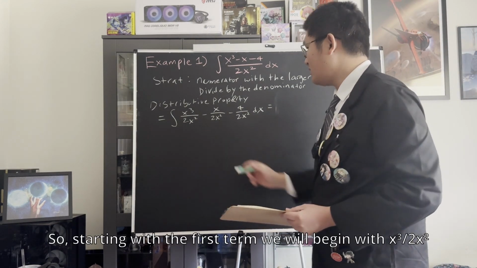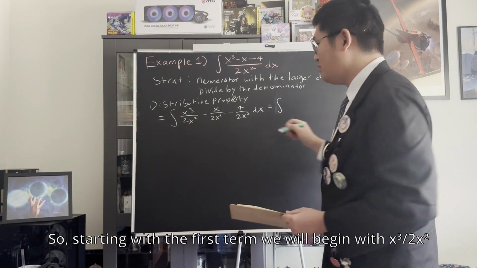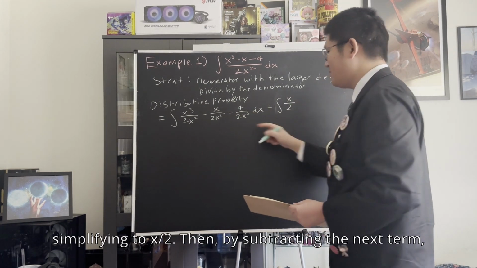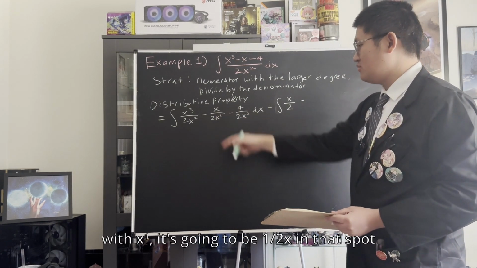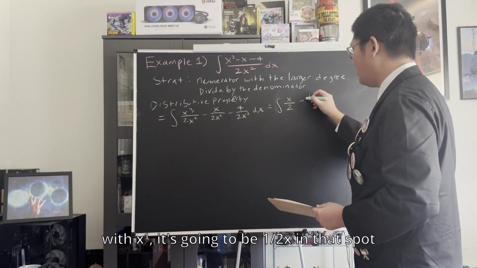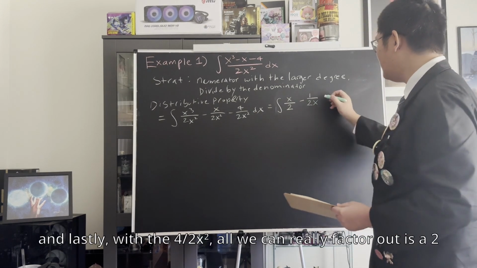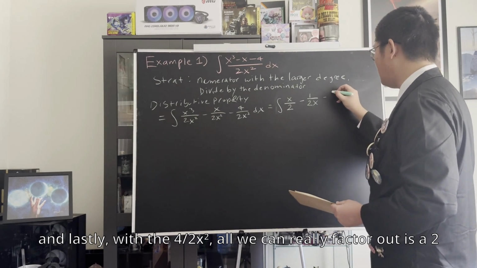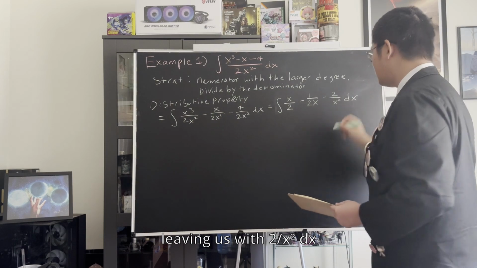Starting with the first term, x cubed over 2x squared simplifies to x over 2. Then, subtracting the next term, with x only to the first power, it's going to be 1 over 2x. And lastly, with the 4 over 2x squared, all we can really factor out is a 2, leaving us 2 over x squared dx.